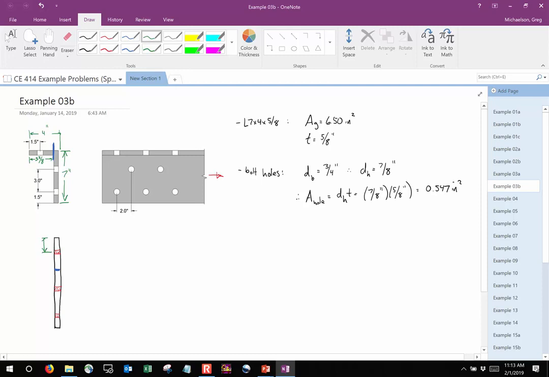That's 1.5 inches, right? What is this dimension right here? 3 inches. What's this dimension right here? 1.5.